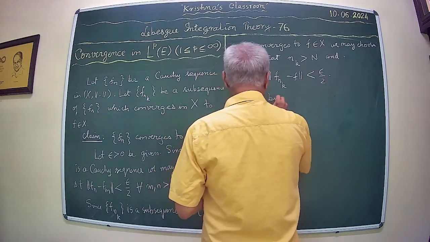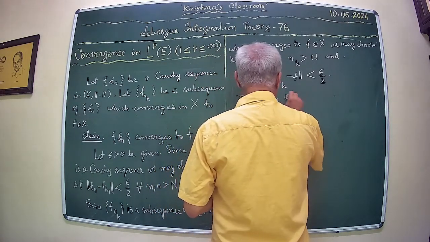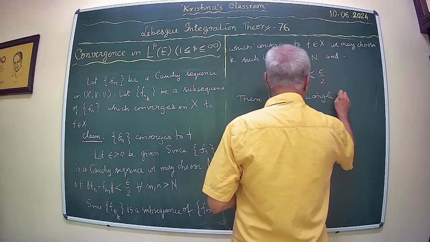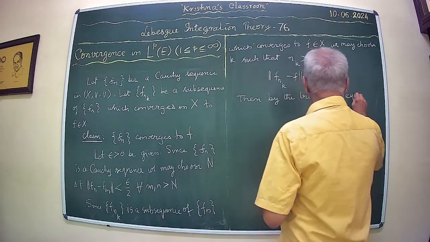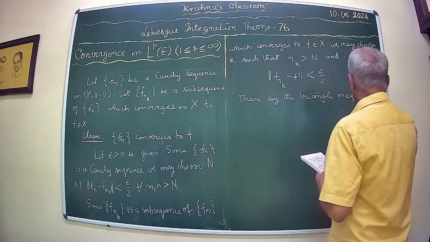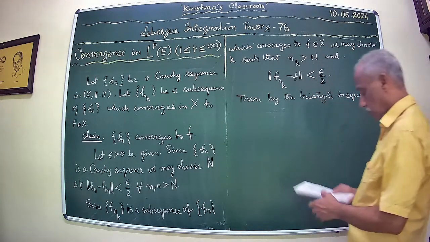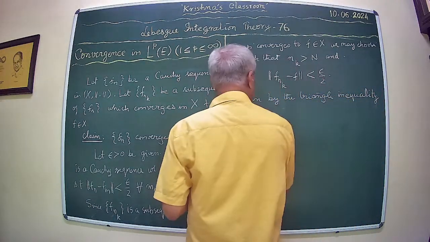By the triangle inequality, we have to test the convergence of Fn to F. So how do we do that? We estimate that.